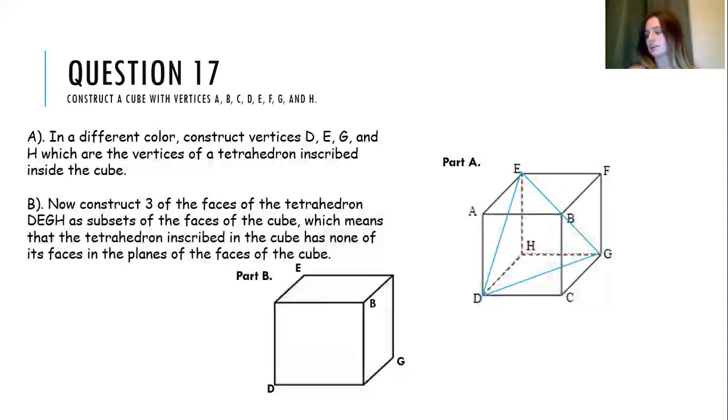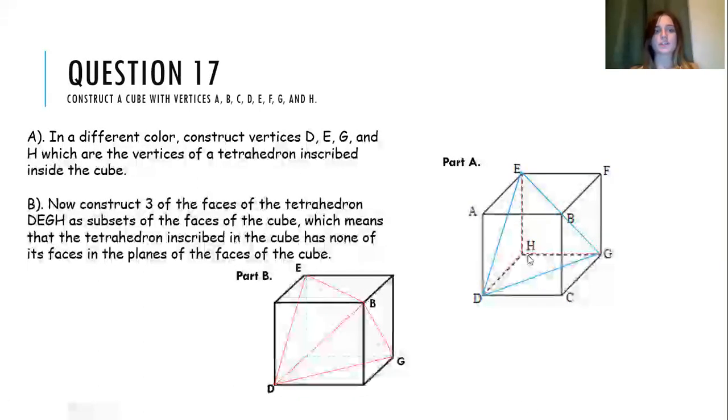So for part B, we have to make sure that none of the faces are in the planes of the faces of the cube. So here is part B, and this is what it would look like.